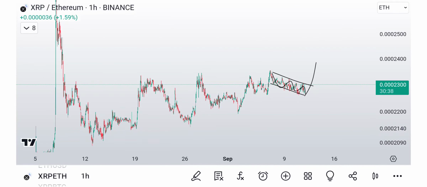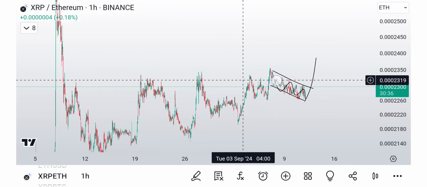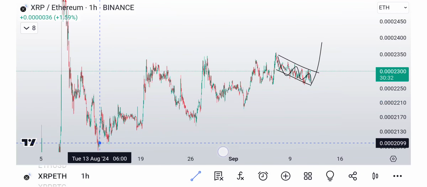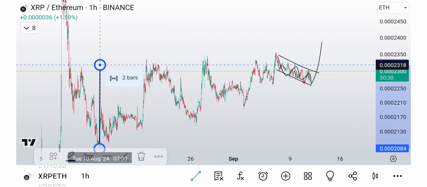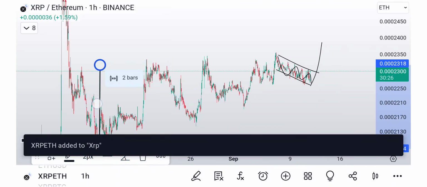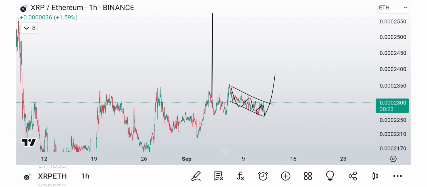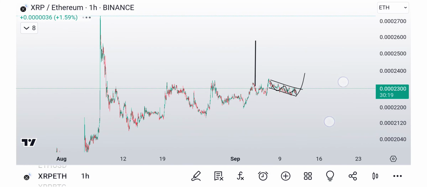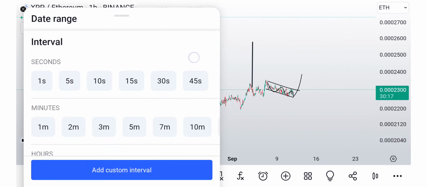And if it does break to the upside, then you're breaking above all this liquidity here. And the measured move, we would just take a line back to there, and then just put it right there. And that gets us about to those equal highs.